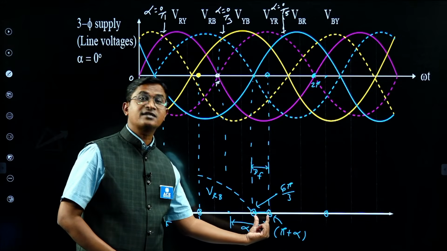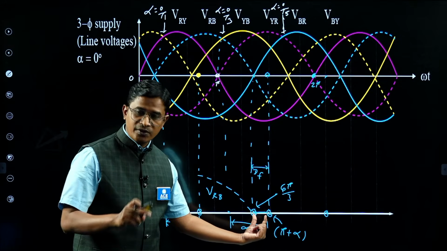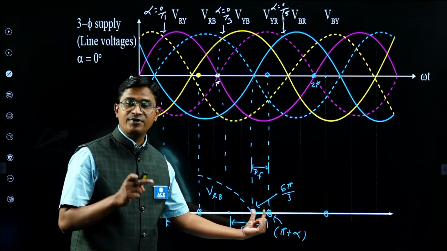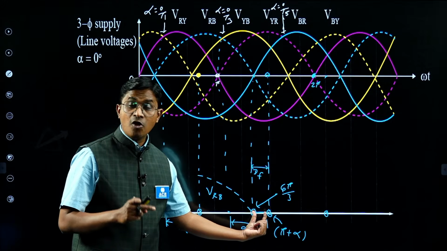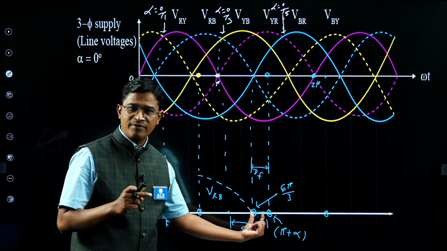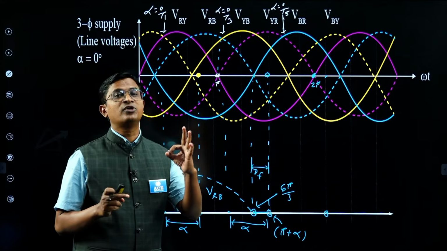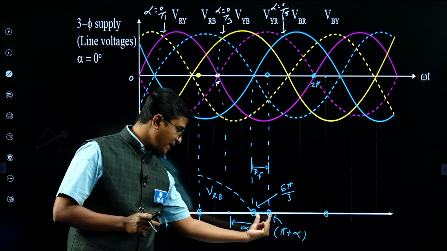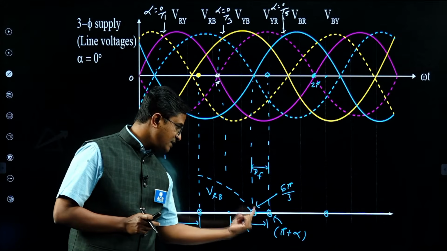This is one conduction interval angle for a freewheeling diode. How many such intervals will we have in one cycle of supply? 2 more such, means total 3. So I need to find this angle. This angle is pi plus alpha, this is 4 pi by 3.